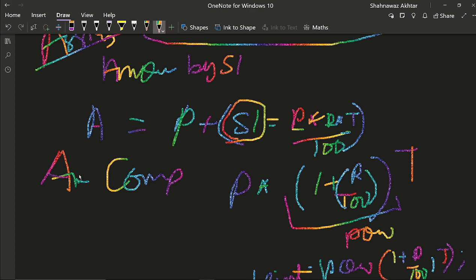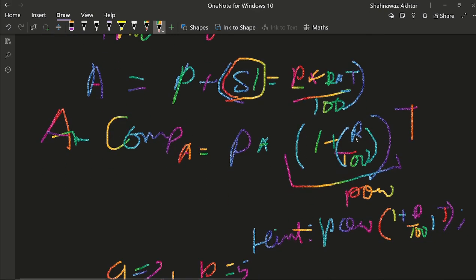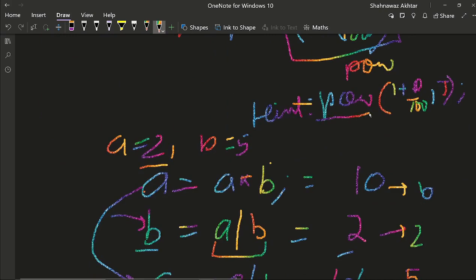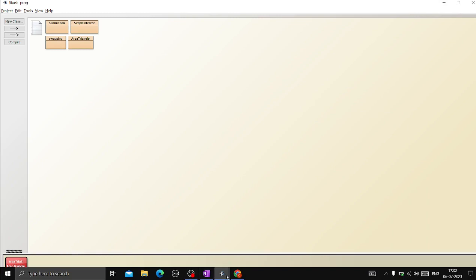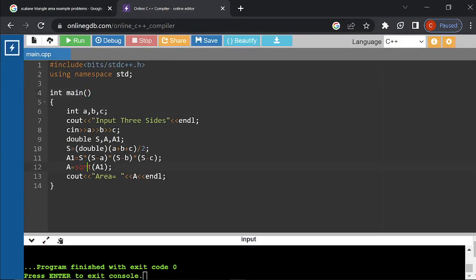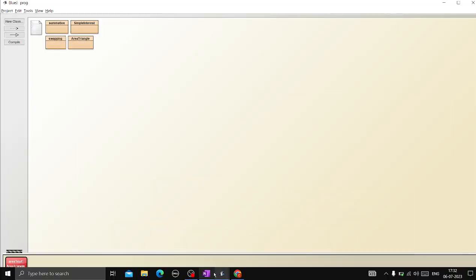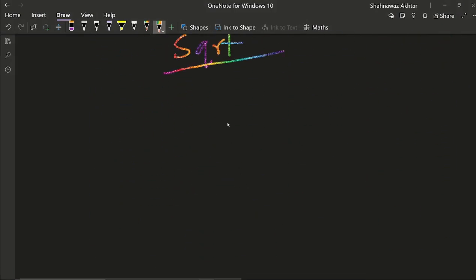And for compound interest, you directly know the formula for the amount. It is A equals P multiplied by (1 plus R divided by 100) raised to the power T. Here you have to use the power function, just like the sqrt one. And the power function uses two parameters.